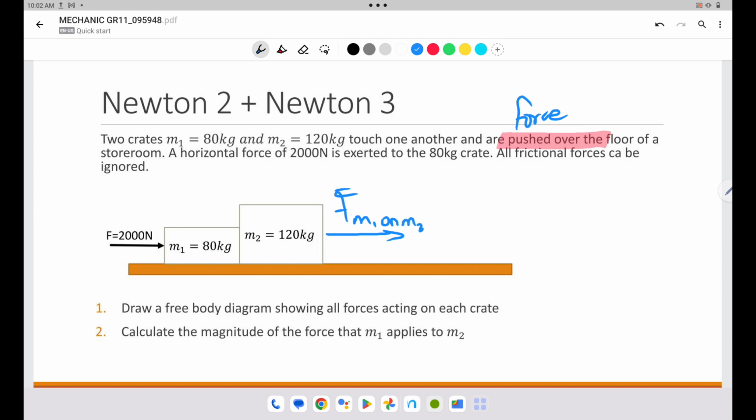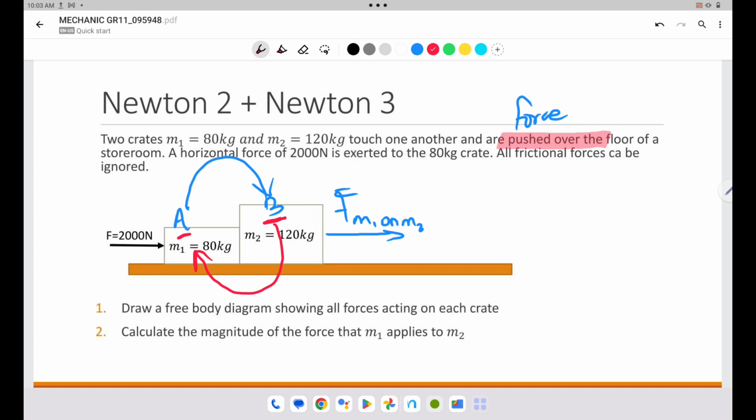We have two objects here. I'm going to call this A and this B. What we are saying is object A, which is M1, is applying a force on B, which is M2. According to Newton's third law of motion, if A exerts a force on B, then B will simultaneously exert a force of equal magnitude in the opposite direction.